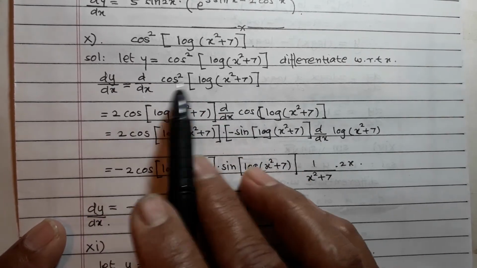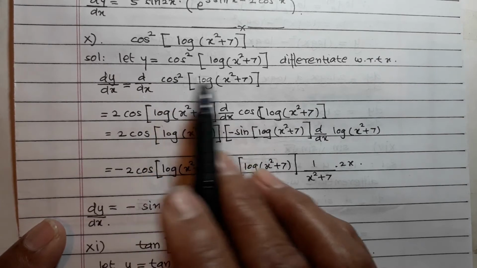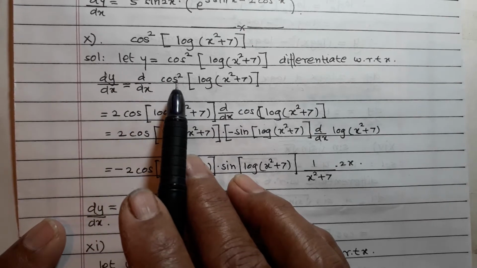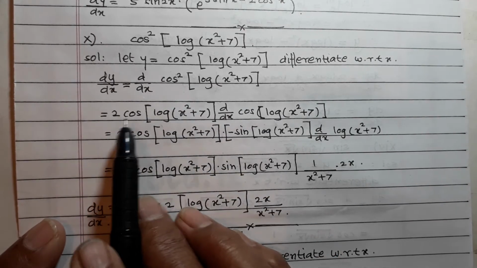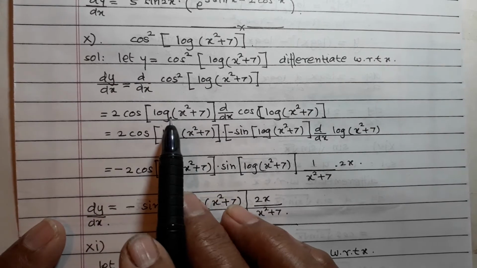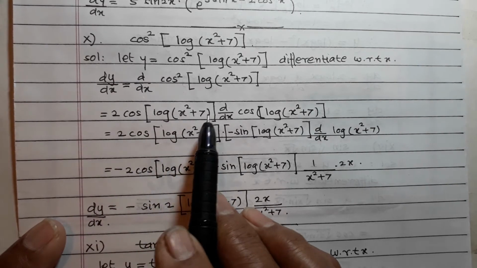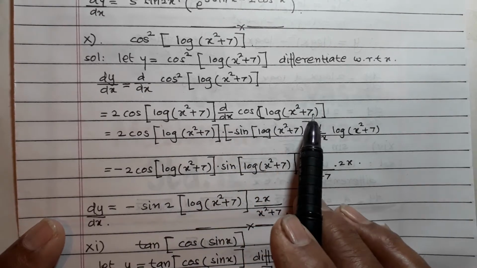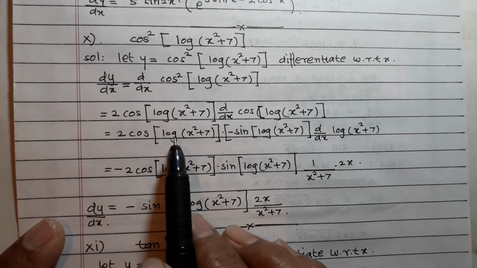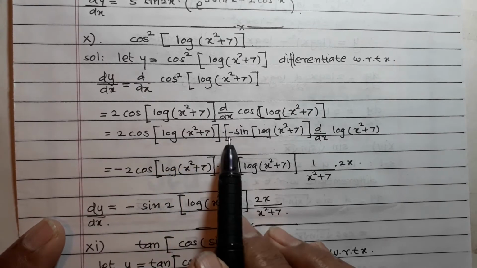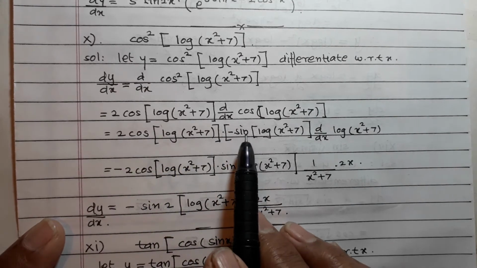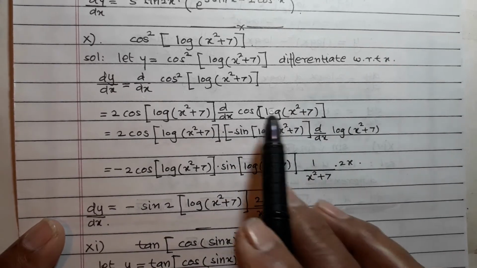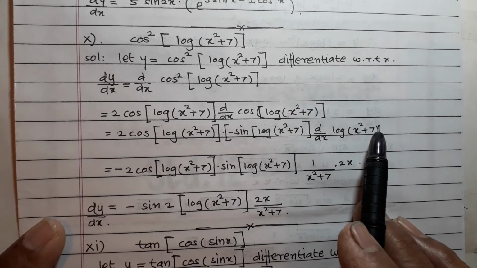Now here three functions are there. One is cos, then log, and then this function. So first you differentiate this cos². So 2 cos of log (x² plus 7) into the derivative of cos log (x² plus 7), which is minus sin log (x² plus 7), and the derivative of log (x² plus 7).